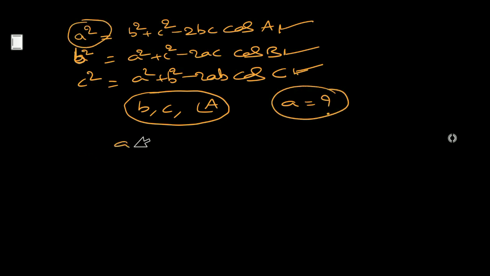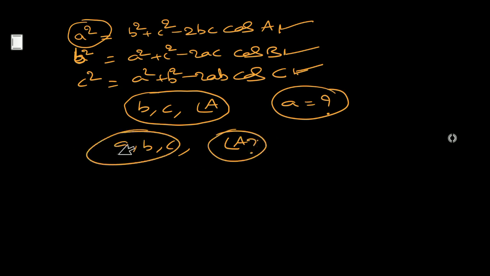Whenever you know all three side lengths and need to identify angle a, then it is better to use cos a equals the formula. Anyhow, if you use the other form, you have to transform mathematically.